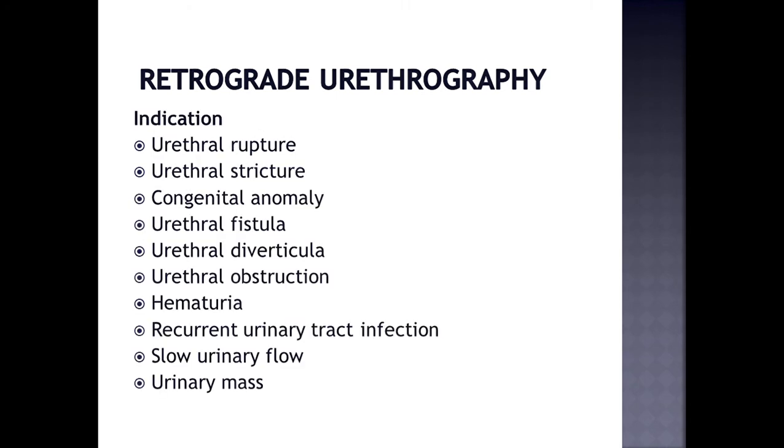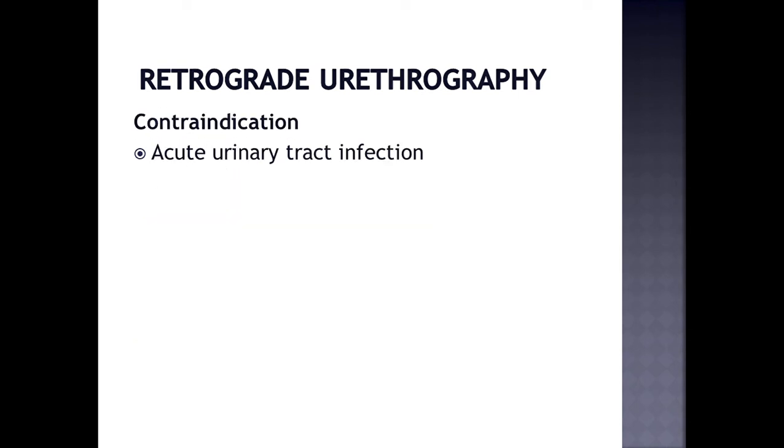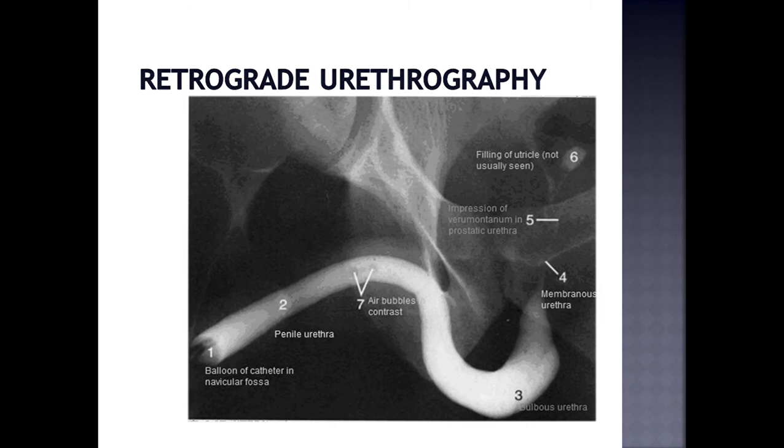Indications include urethral rupture, urethral stricture, congenital anomaly, urethral fistula, urethral diverticula, urethral obstruction, hematuria, recurrent urinary tract infection, slow urinary flow, and urinary mass. RGU is contraindicated in acute UTI.